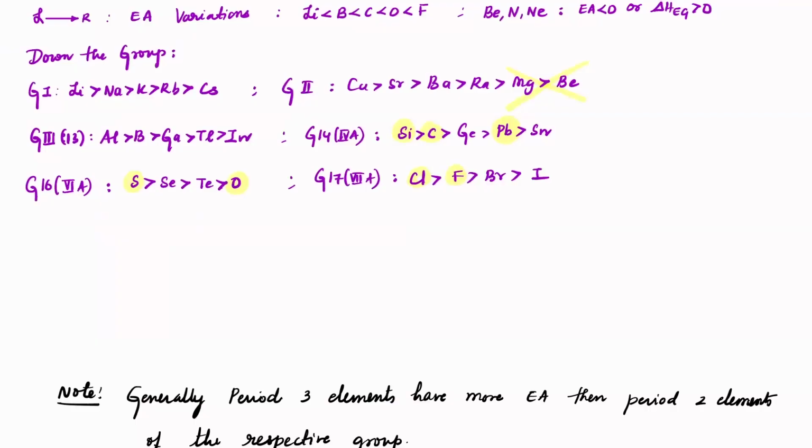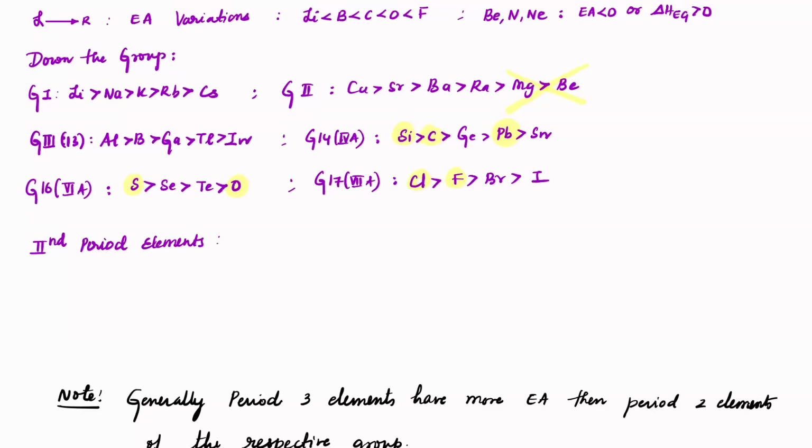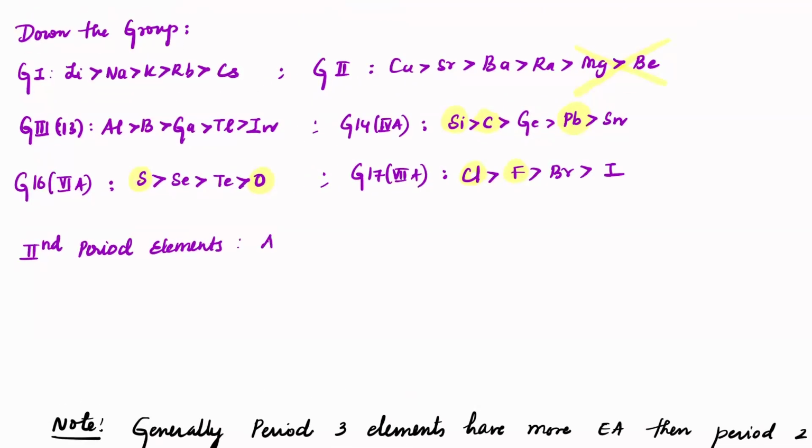See, what is happening here is when it comes to second period elements. Second period elements include boron, right? Boron and carbon, nitrogen, oxygen, fluorine.